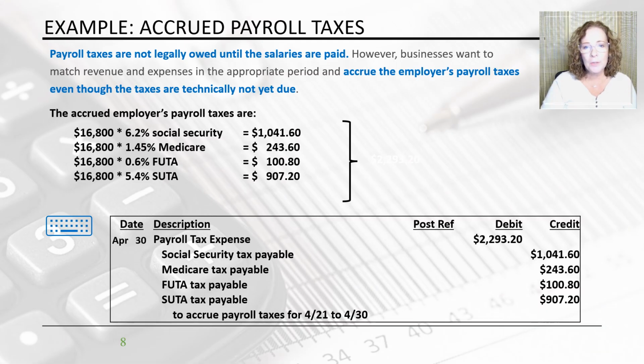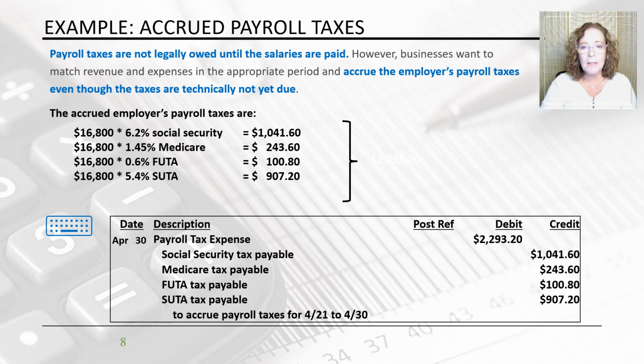A related topic to accrued salaries or wages is accrued payroll taxes. Payroll taxes are not legally owed until the salaries are paid. However, businesses want to match revenue and expenses in the appropriate period and accrue the employer's payroll taxes, even though the tax liabilities are technically not yet due.